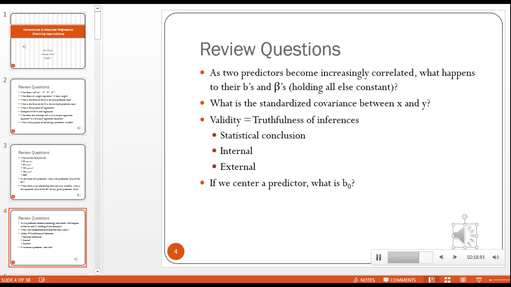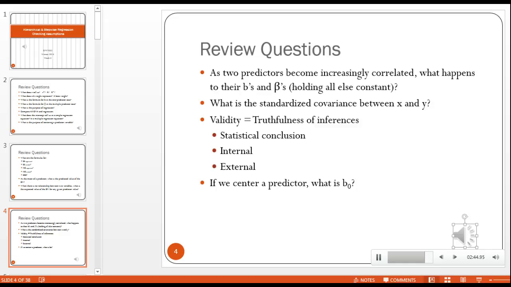Internal validity is the truthfulness of inferences that our hypothesized predictor is causing our DV, so there's a causal link there. And finally, external validity is the truthfulness of inferences that the causal link between X and Y holds or stays significant across various situations, contexts, and people in our sample.